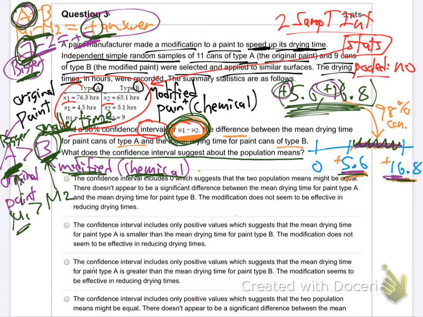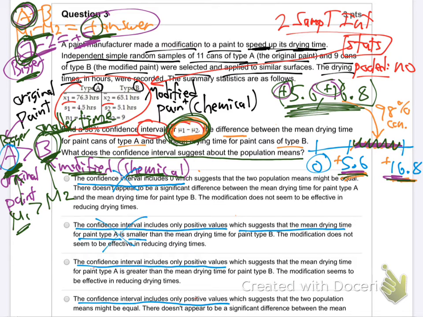So what does that mean in words? Well, let's try it. The confidence interval includes 0. Does it include 0? No, 0's out here. The confidence interval includes only positive values. Yeah, but this one says that, and so does this one. Got to read on. Which suggests that the mean drying time for paint A is smaller. That's wrong. A is bigger.